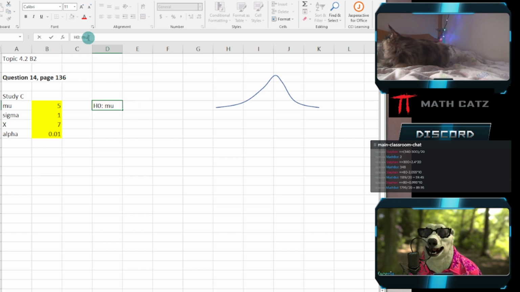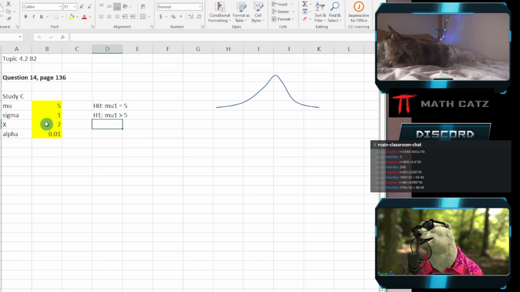Is testing whether, let's call it mu1, is the same, 5, and our research hypothesis is then, no, it is greater than 5. So does the evidence, a raw score of 7, serve as strong enough evidence to suggest that the true population mean is actually greater than 5. That is our rough setup.